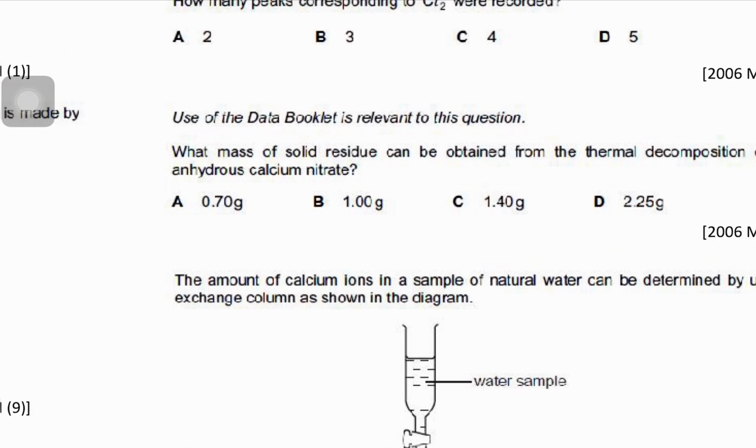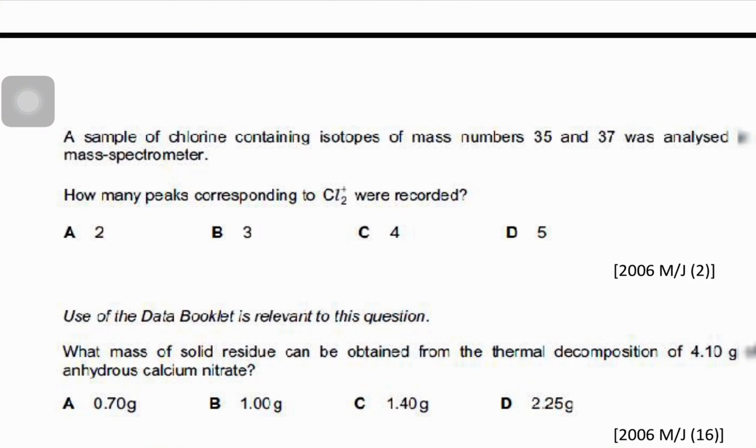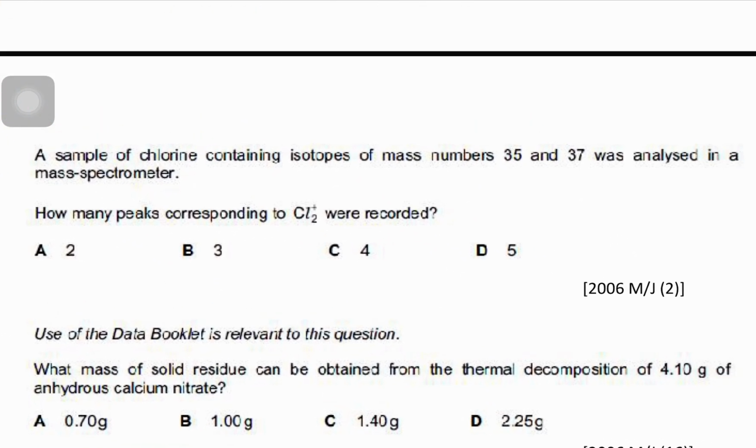Let's look at more questions. A sample of chlorine containing isotopes of mass number 35 and 37 was analyzed in a mass spectrometer. How many peaks corresponding to chlorine ion were recorded? So you can have three different sorts of chlorine. Let me show you.